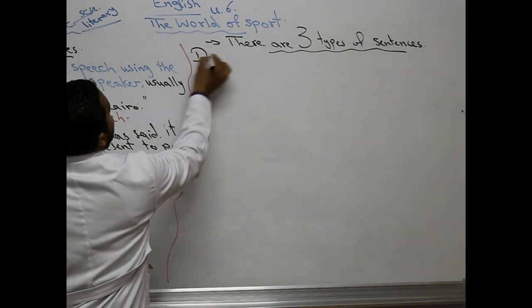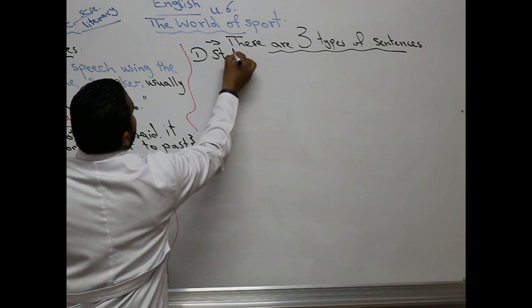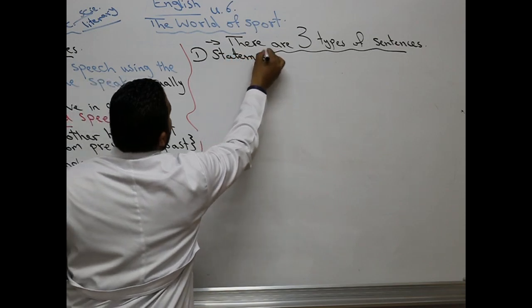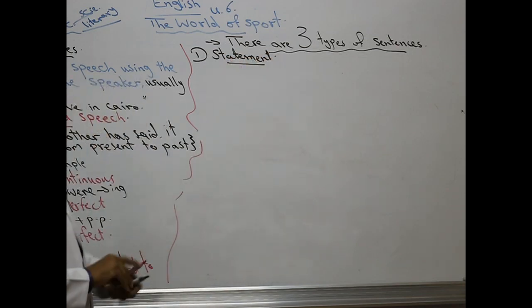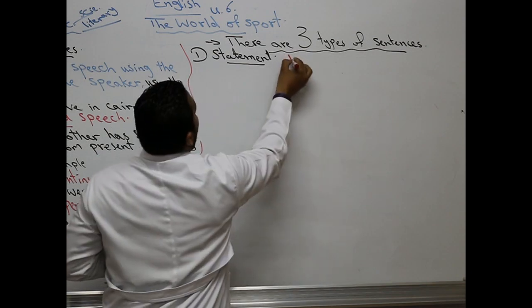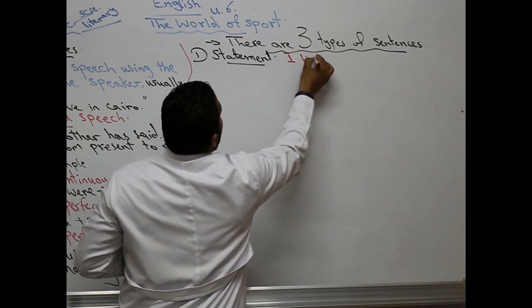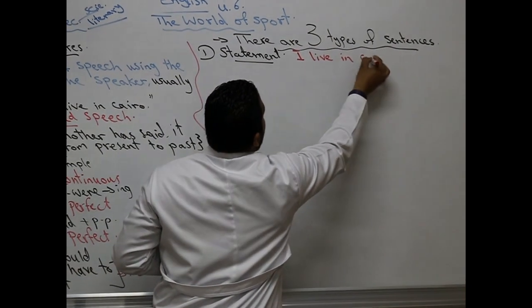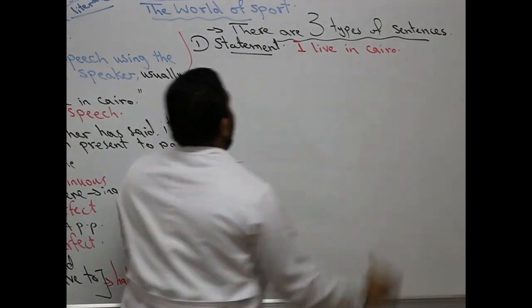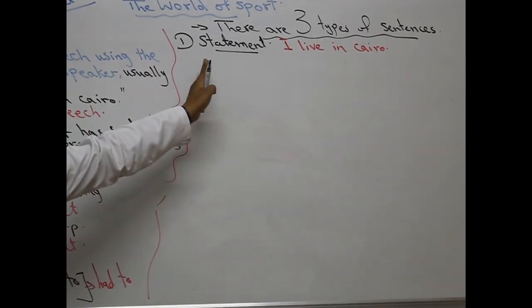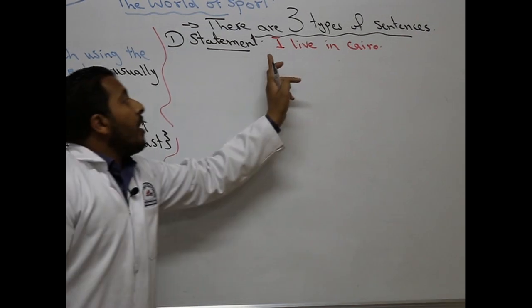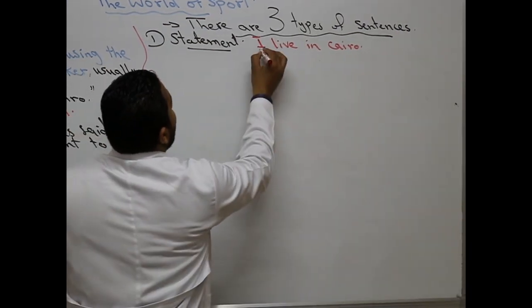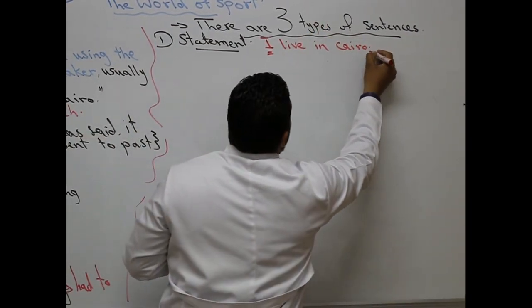Number 1, statement, اللي هي الجملة الخبرية. For example, I live in Cairo. It's a statement. It starts with a subject, بدايتها subject, and ends with full stop.